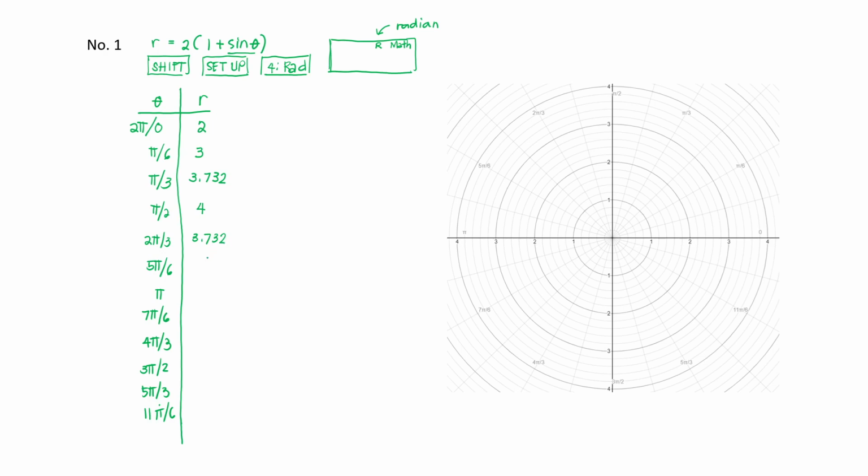Then the next angle is 5 pi over 6. So that will be 3. Then going towards 180 degrees, that will be 2. Then 7 pi over 6 is 1.